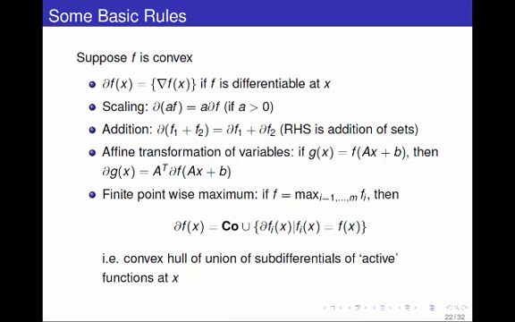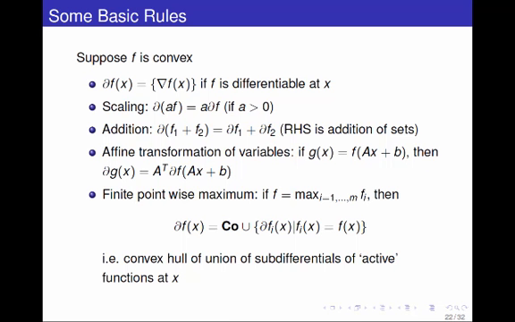At this point here, the only active fi is x. The subdifferential of the absolute value at this point is 1. At this point here, the only active fi is minus x, and the subdifferential is minus 1.